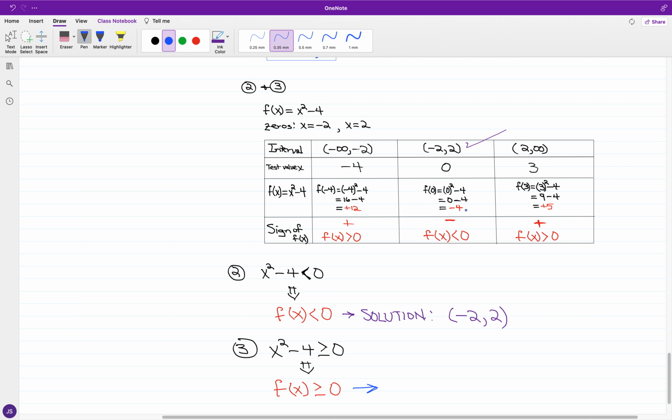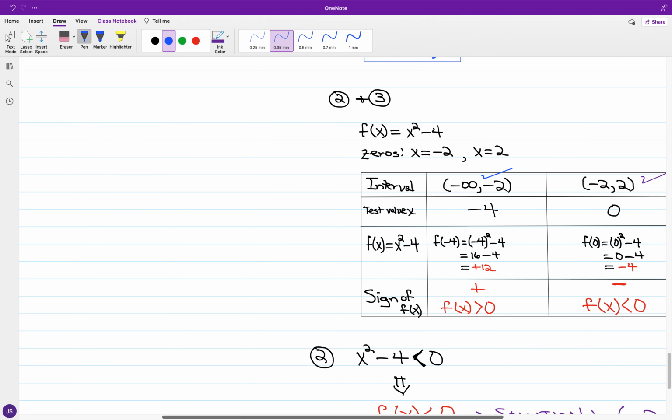So for the limits of interest, we're involving these particular portions. For the solution, we are involving negative infinity and negative 2, as well as 2 and infinity from the top row, in the same column as where f of x greater than 0 is located.